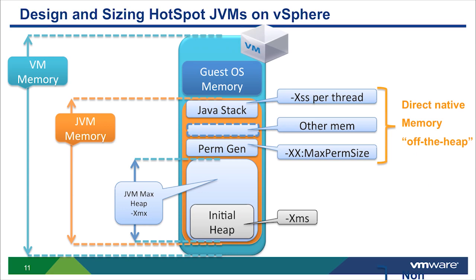Outside of the heap, but still within the Java process, is the permgen area. This is where the class-level information of your application lives, and you have to statically size that. Eventually, this is going to be dynamic, and it'll help things along. And then there's this other obscure other mem section. Other mem section is where the internal JIT information is kept, where socket communication is kept.